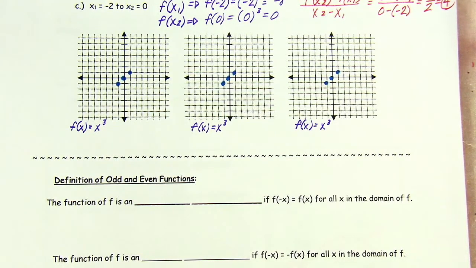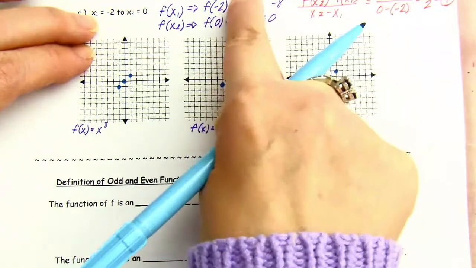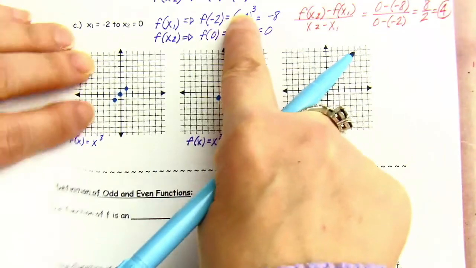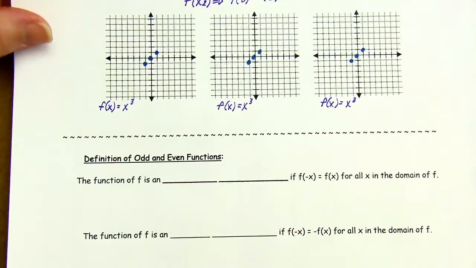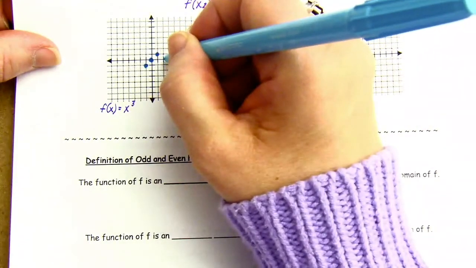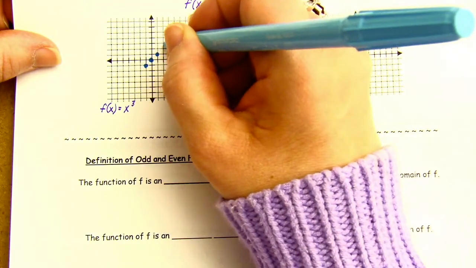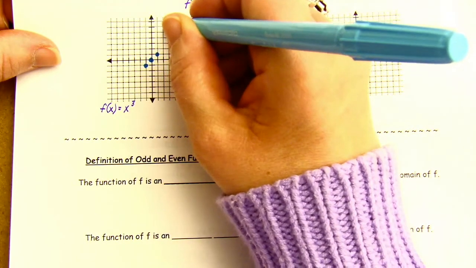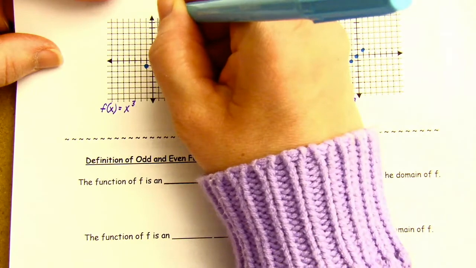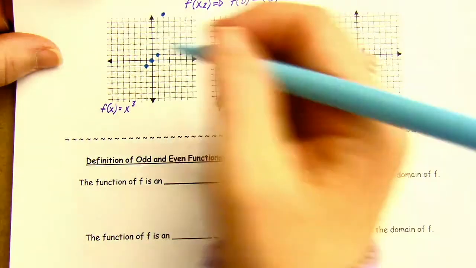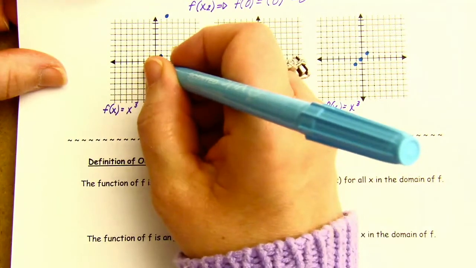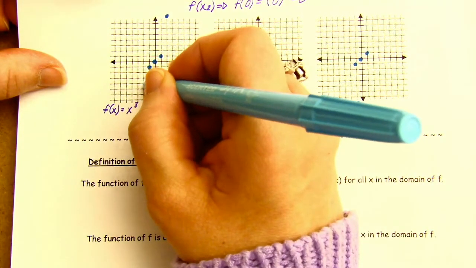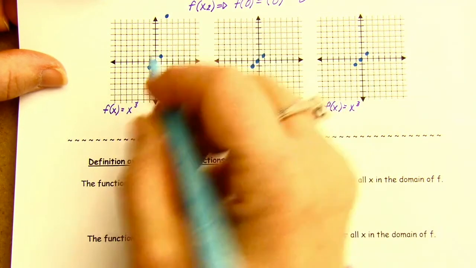Now I'm going to take a 2 and cube it, and I get 8. We saw that up here. 2 cubed is 8. So I'm going to go where x is 2, and I'm going to go up 8 units. 1, 2, 3, 4, 5, 6, 7, 8 up here. And negative 2 cubed is negative 8. So I'm at 1, 2, 3, 4, 5, 6, 7, 8, somewhere about there.